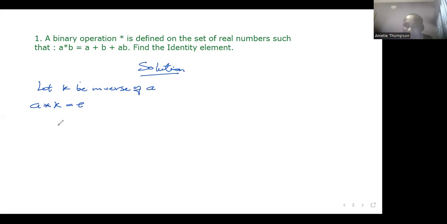If I do this, from the definition here, A asterisk K will be equal to A plus, anywhere you see B, K has taken the place of B, so I will replace that with K, and then I write AK. I know that this will give me the identity E. So identity E equals A plus K plus AK.